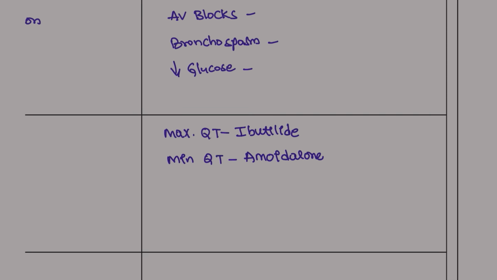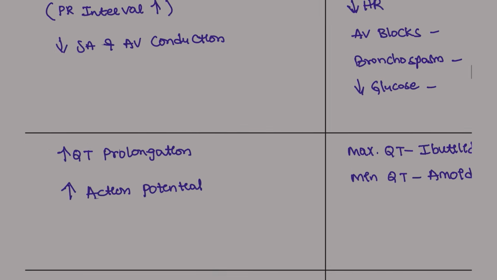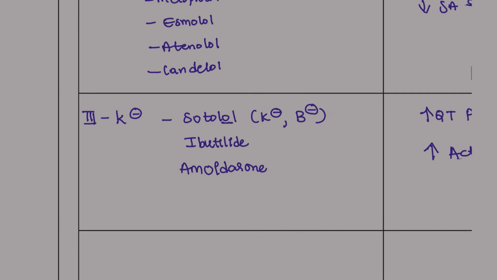Just in a while, I will be discussing amiodarone also, and what the importance of amiodarone is. So if this QT prolongation is increased, this can cause torsades de pointes, right? Torsades de pointes, and sudden death is also seen in these patients.